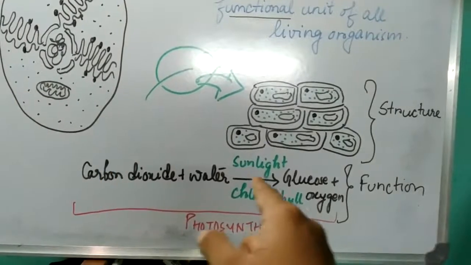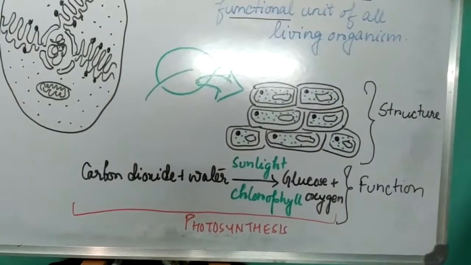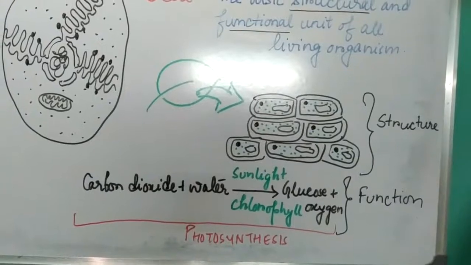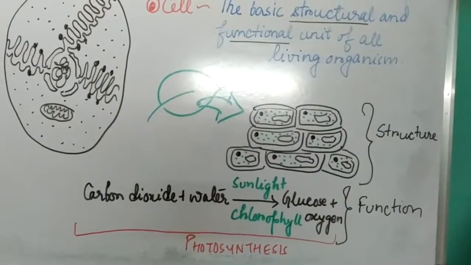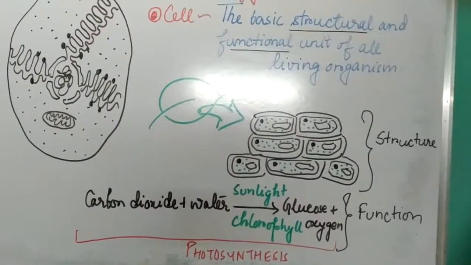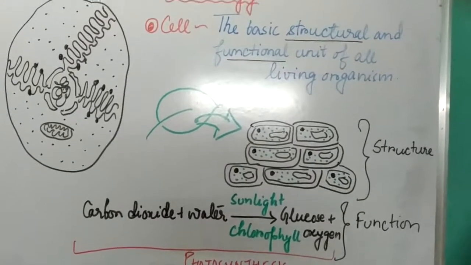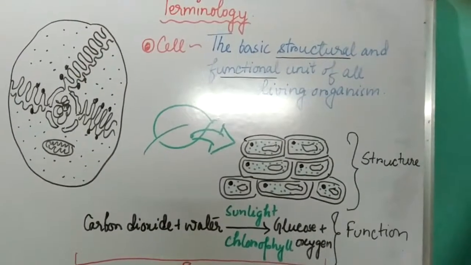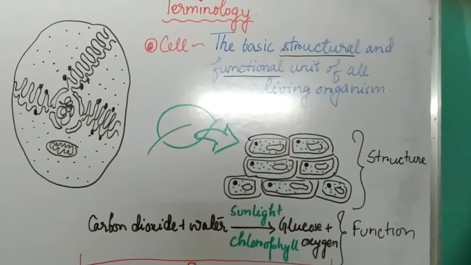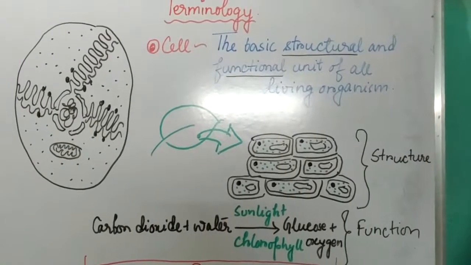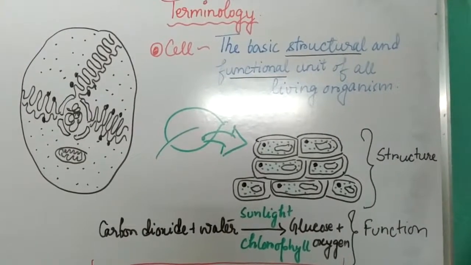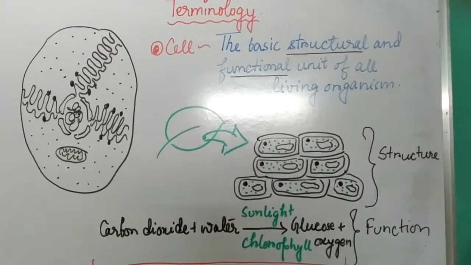Like in the leaf it helps in functioning by means of photosynthesis, while in the root it helps in absorption of water and minerals. Now, this is the definition of cell, and this is why the cell is known as the structural and functional unit of all living organisms.